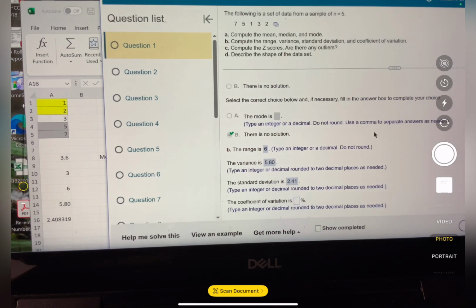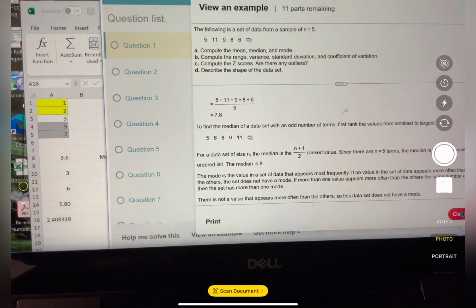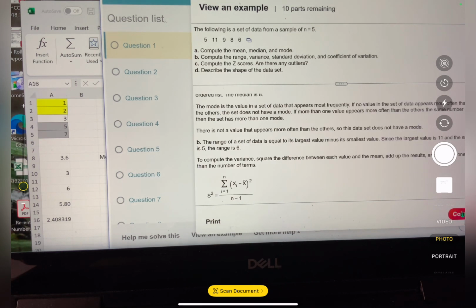Are we done? Oh, okay. Coefficient of variance. So to find coefficient of variance, we have to take standard deviation. Okay, hold on 1 second. I want to check something here.